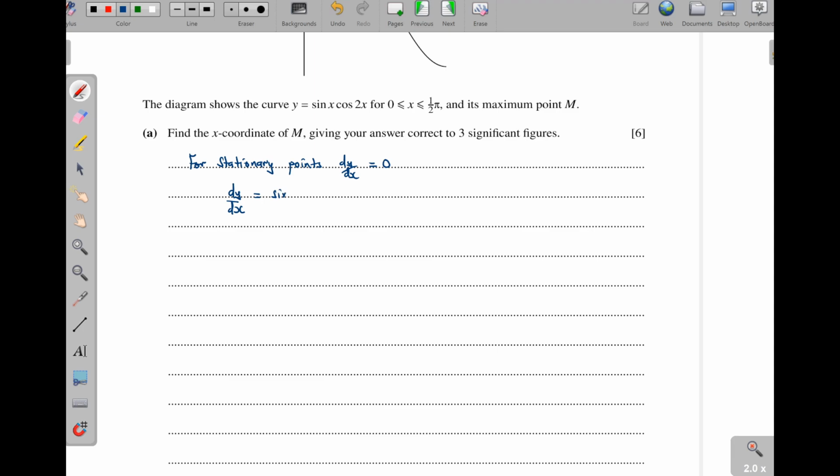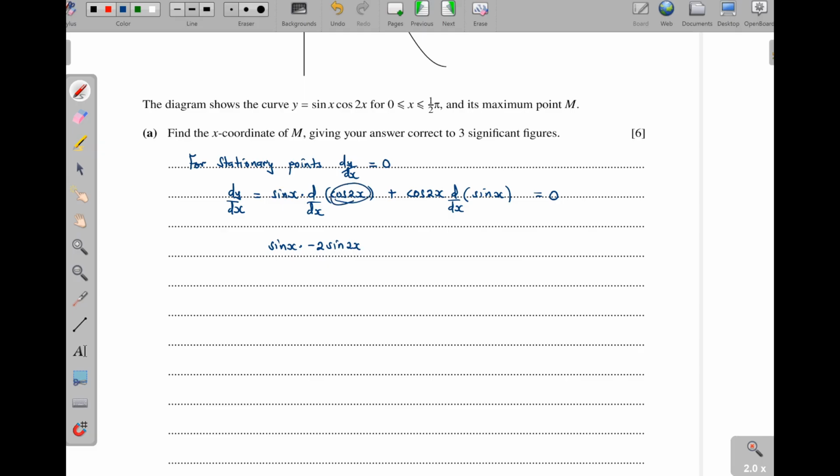I can keep this sine x constant, then I differentiate with respect to x the cos 2x. Then plus, I can now keep this cos 2x constant, and then I differentiate the sine of x, okay? Then from here, I will equate to 0. Now, when we differentiate cos 2x, we get negative 2. This is sine x, then times negative 2 sine 2x.